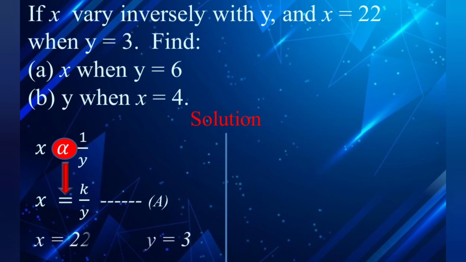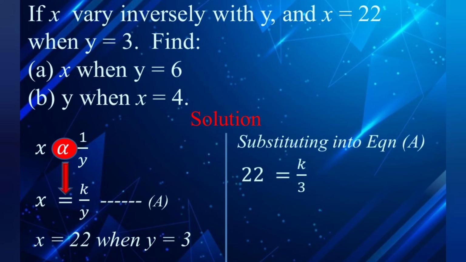From the second statement, x is equal to 22 when y is equal to 3. Substituting the values of x and y into equation A, you will have 22 is equal to k all over 3. To find the value of k, cross multiply. Hence, 22 times 3 will be equal to k. 22 times 3 is equal to 66.